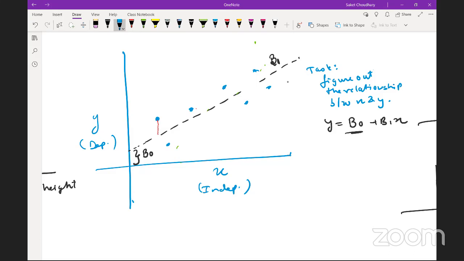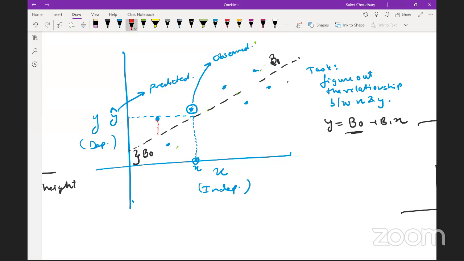So if your x value was somewhere here, then the corresponding value of y is here. So I call it y hat. This is predicted for this value of x. However, what you're seeing is this value, which is observed.